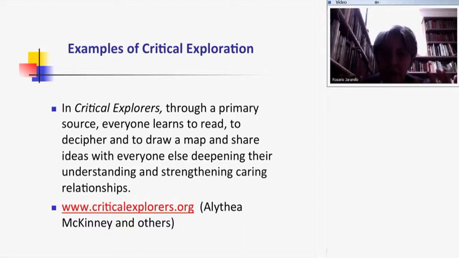And then they drew a map of what was being presented in the reading, and after drawing their map, each person shared with the person at the side and made some corrections to their own interpretation of the map.